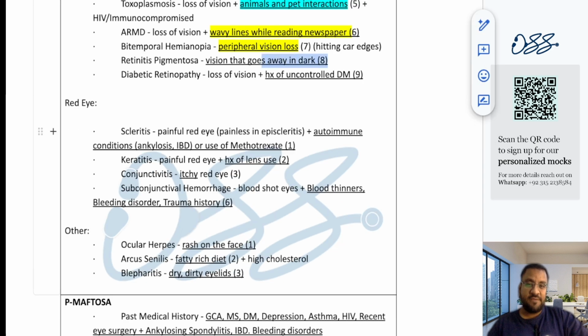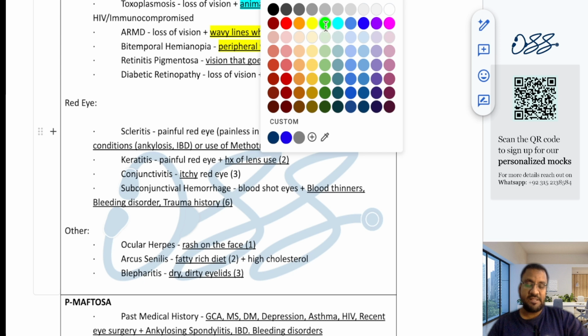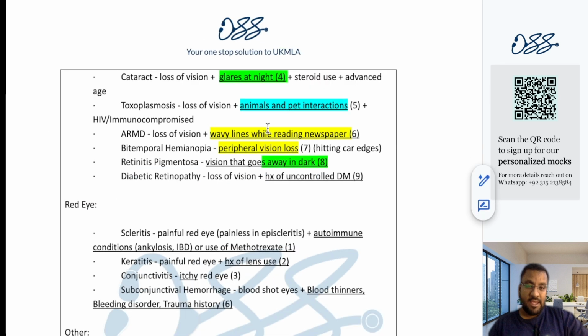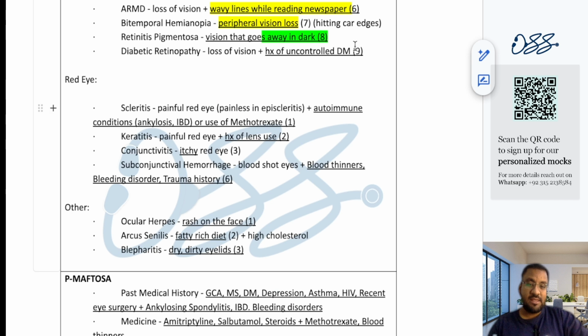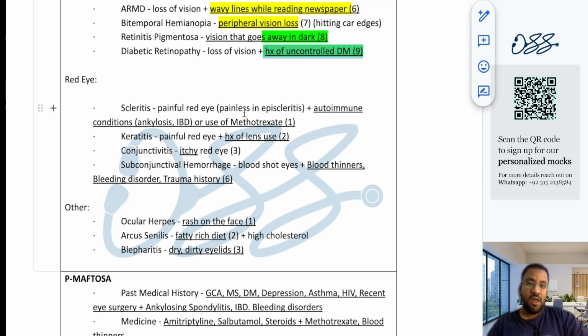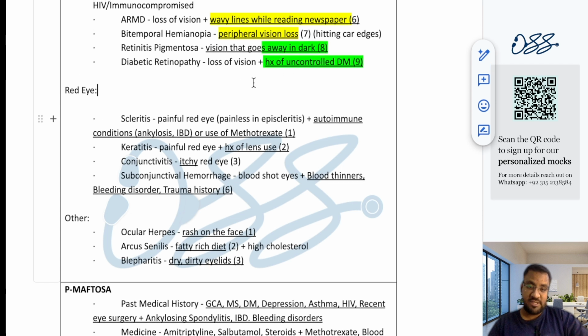Then if somebody presents to you with loss of vision and you do not find anything else over here, then there would be a history of uncontrolled diabetes mellitus. That you may just ask at this level, or you may wait for the past medical history part to ask it. It's completely up to you. But in order to rule out diabetic retinopathy, you can just ask about this question as well.